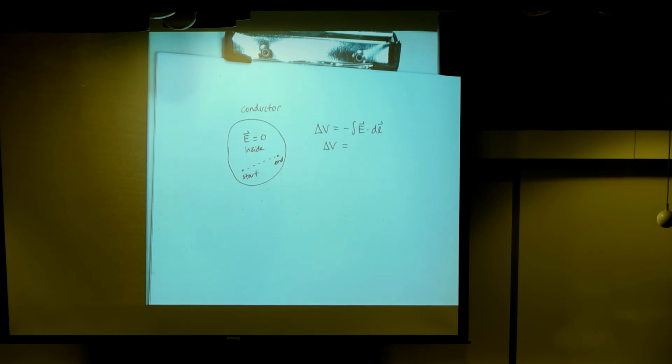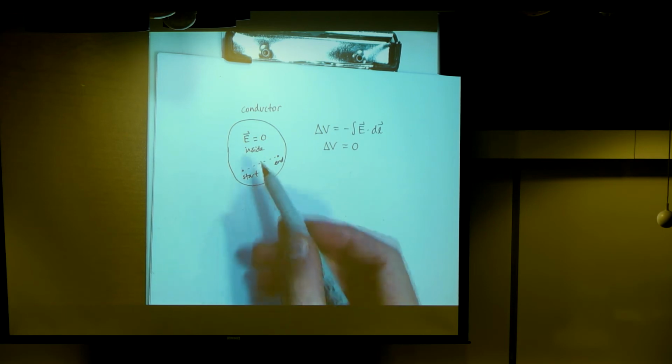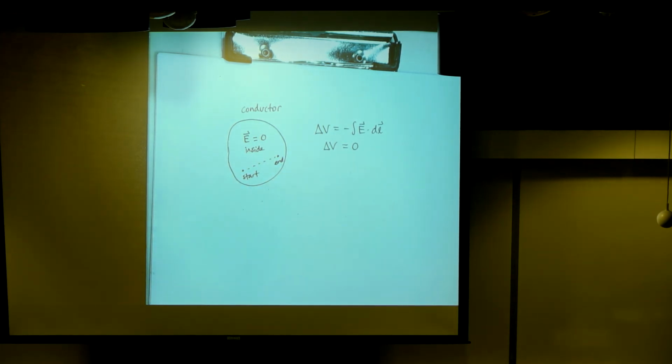So that just means delta V is going to be 0. So there's no change in potential as you move from one point within a conductor to any other point. Again, as long as there are no moving charges, this is going to be the case. So it's just the same value of V everywhere within the conductor. That's what this means. Does that make sense?